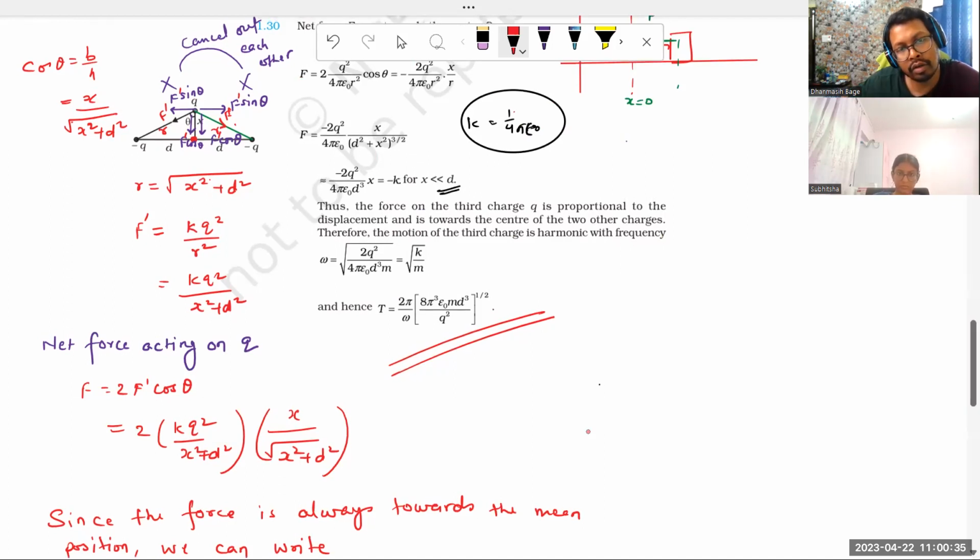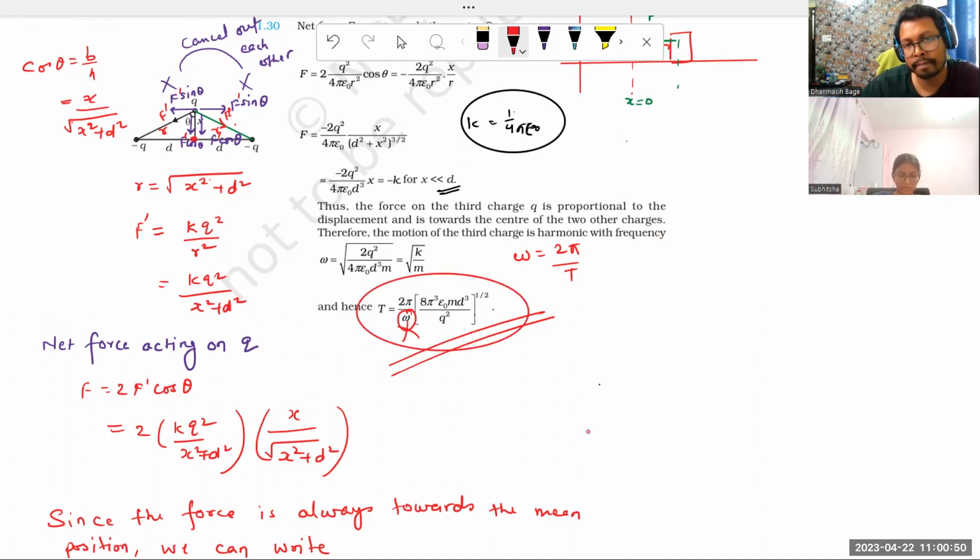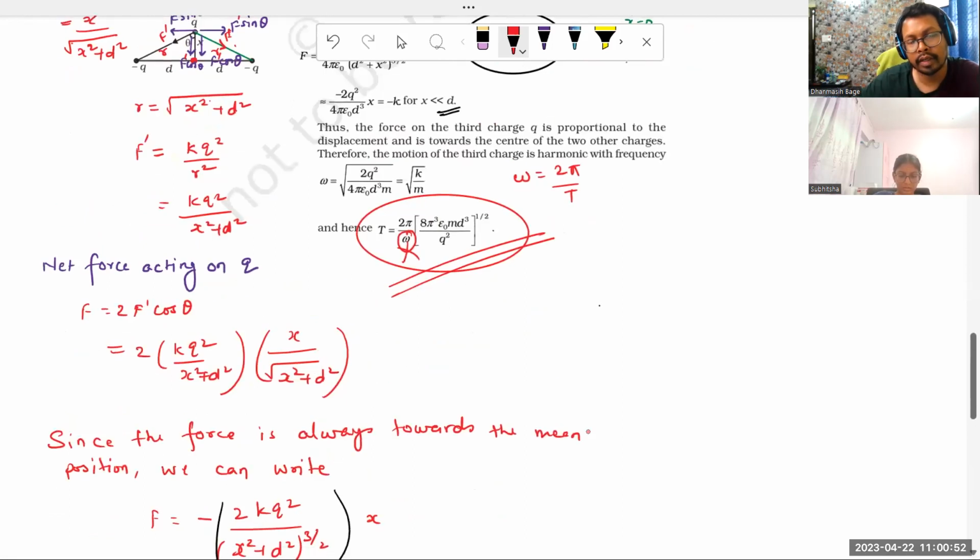That's again wrong. Where is this omega coming from, right? This is wrong, because omega itself is equal to 2 pi over T. This expression is a little bit wrong. This is the correct one. Then omega is equal to simply 2 pi over T. Just put this thing and then you'll get the time period.